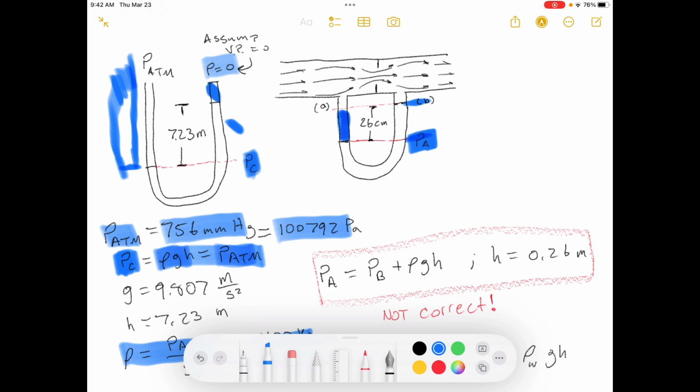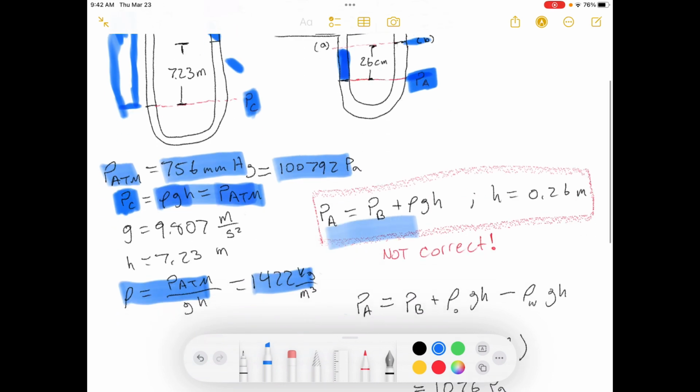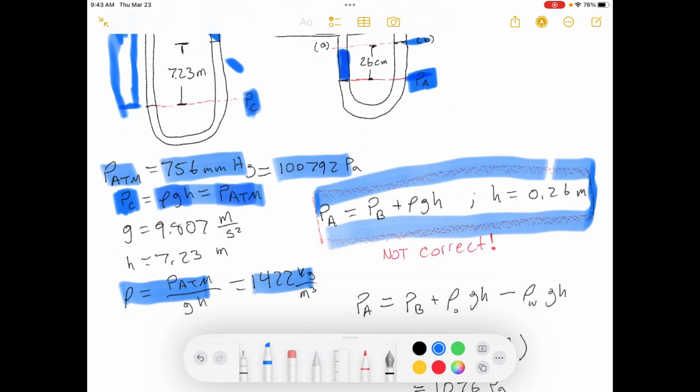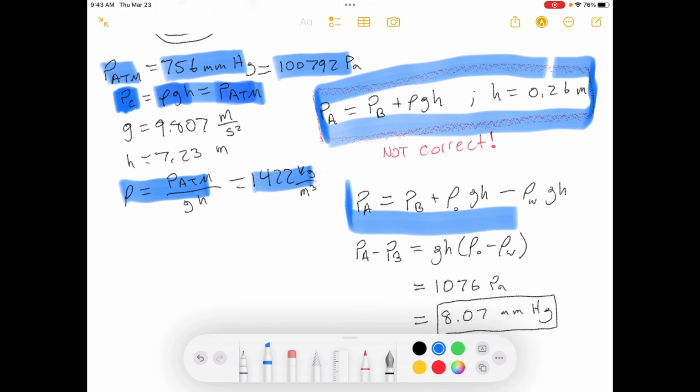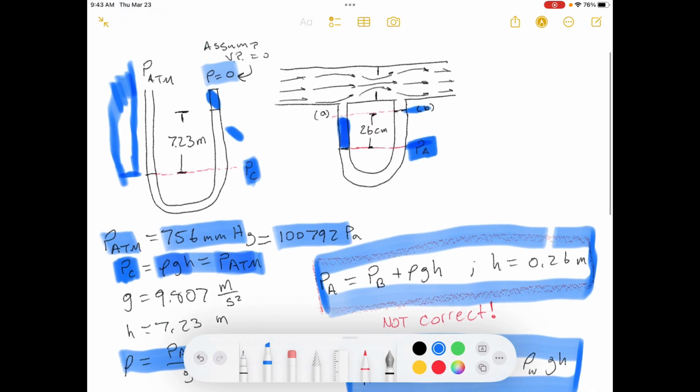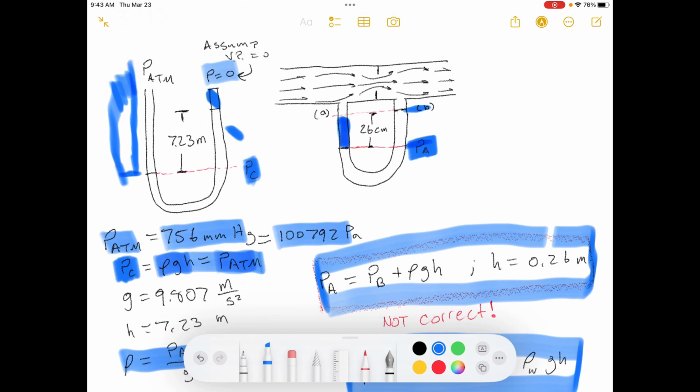Okay? So this analysis is not correct. This analysis is correct. That the pressure at point A is equal to the pressure at point B plus the pressure head here minus the pressure head that's on this side due to the water.